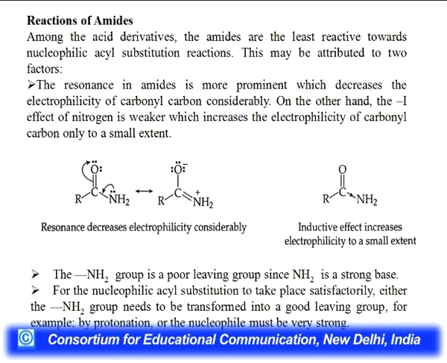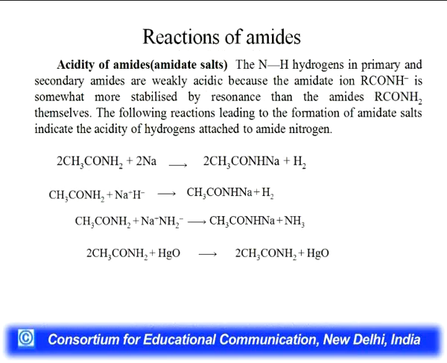For the nucleophilic acyl substitution to take place satisfactorily, either the NH2 group needs to transform into a good leaving group, for example by protonation, or the nucleophile must be very strong. So, it is a simple thing: if you want to substitute this amino group, it has to be a better leaving group, or the nucleophile must be stronger than this amino group.